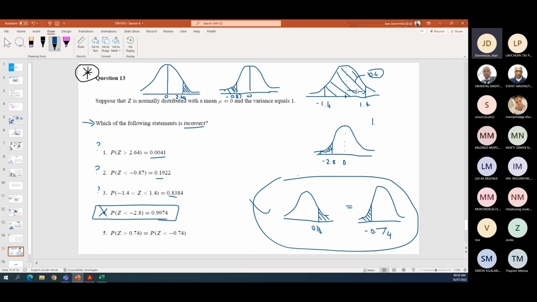But what I wanted to show you guys here is that sometimes one goes into such a state in the exam and in the assignments that you want to work out everything.